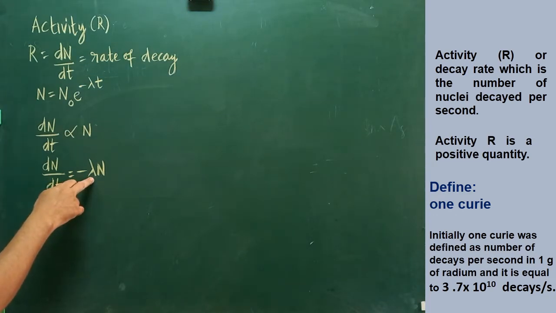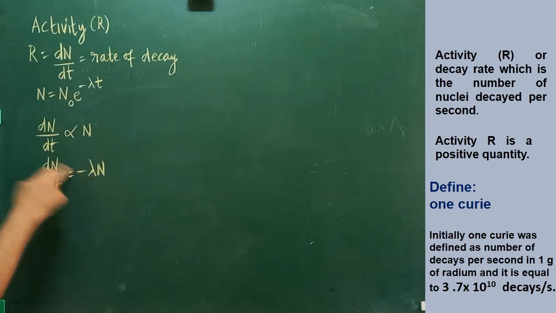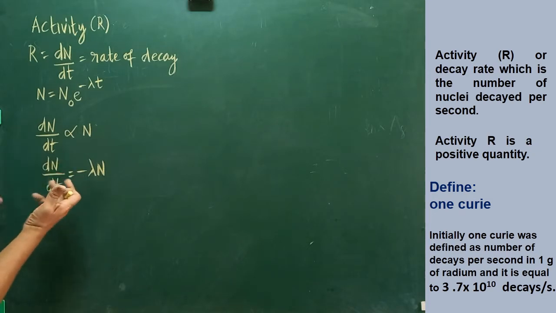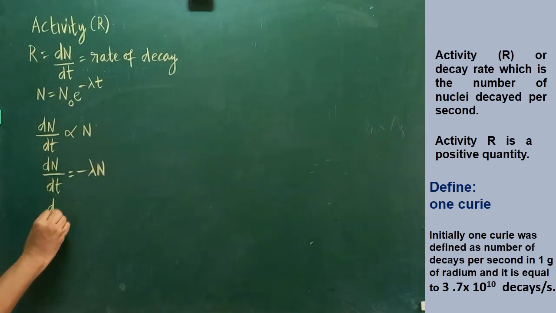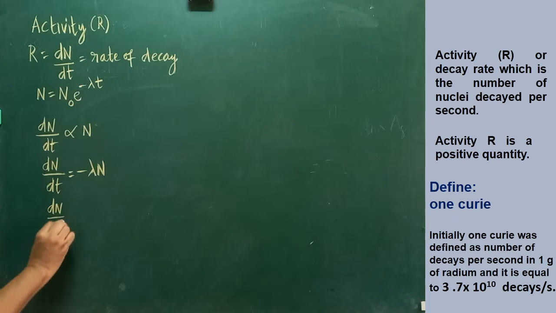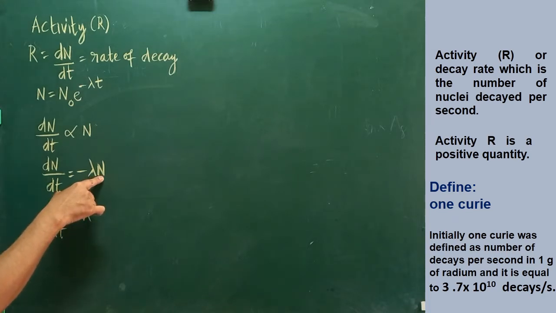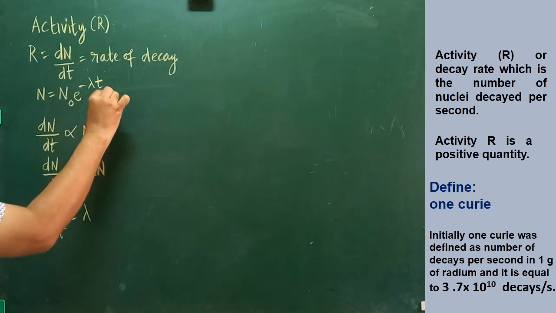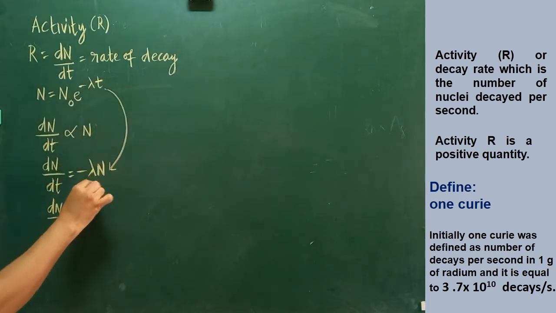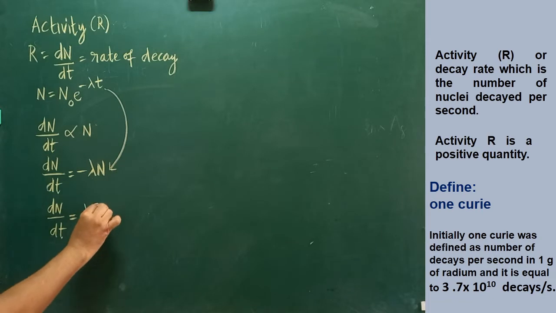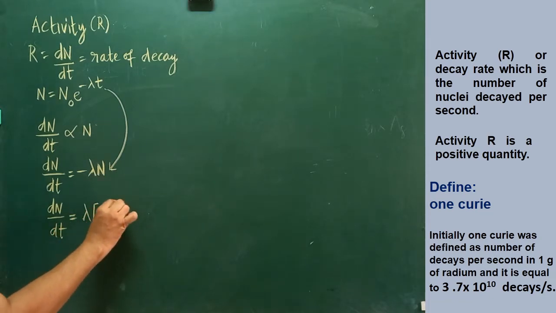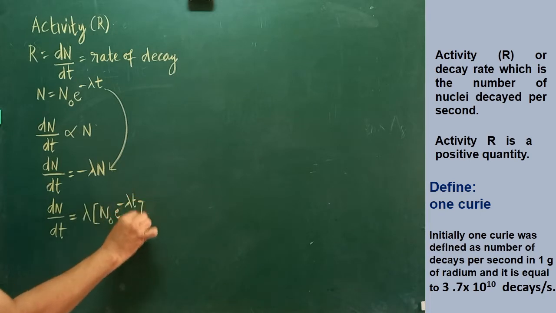Here we can remove the negative sign and just take the magnitude alone. dN by dt is equal to lambda times N. Instead of N, this expression can be substituted. So in the bracket, I am writing N naught e power of minus lambda t instead of N.